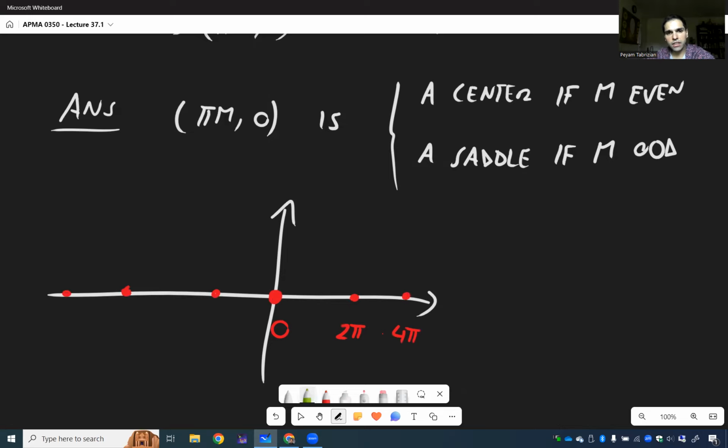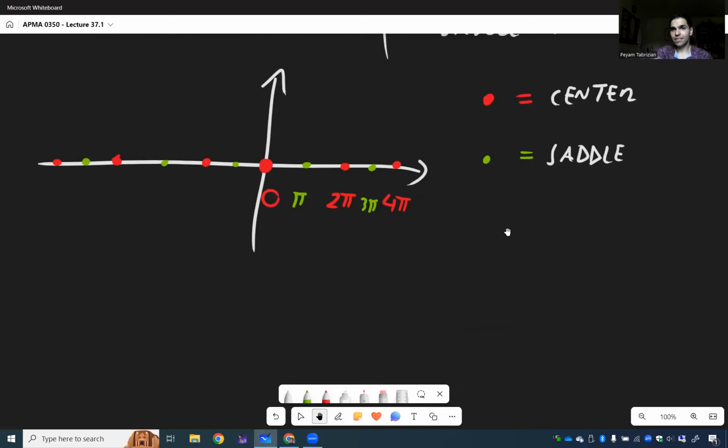But when it's odd, like π, 3π, the equilibrium points are a saddle. So this is center, and this is saddle. You don't need to draw the equilibrium points; this is just for cultural reasons. Once again, the equilibrium points alternate between center and saddle.